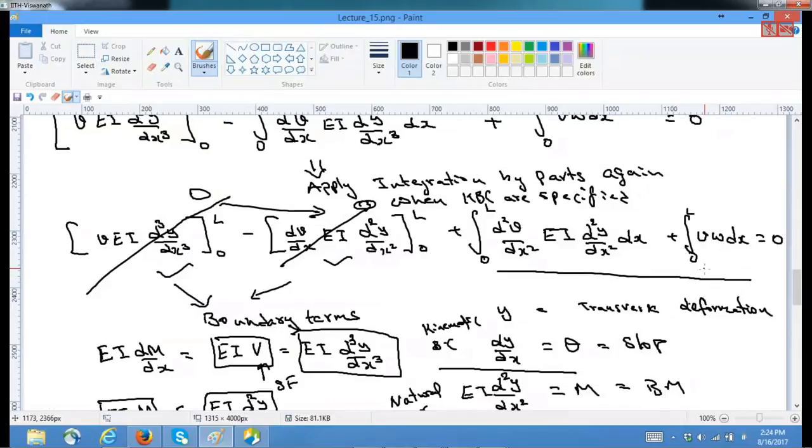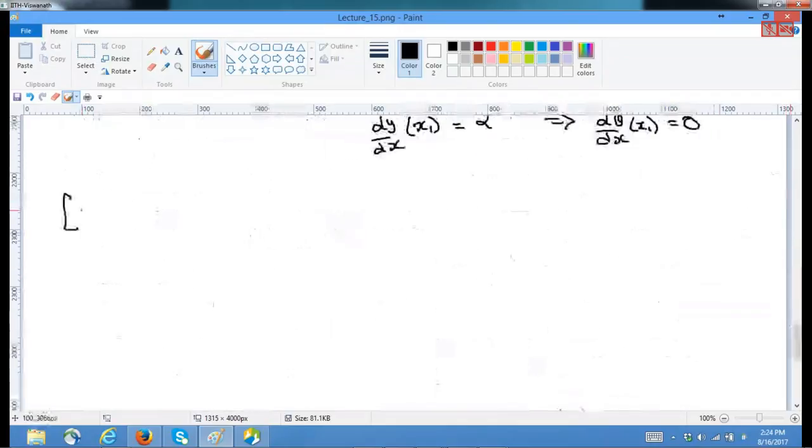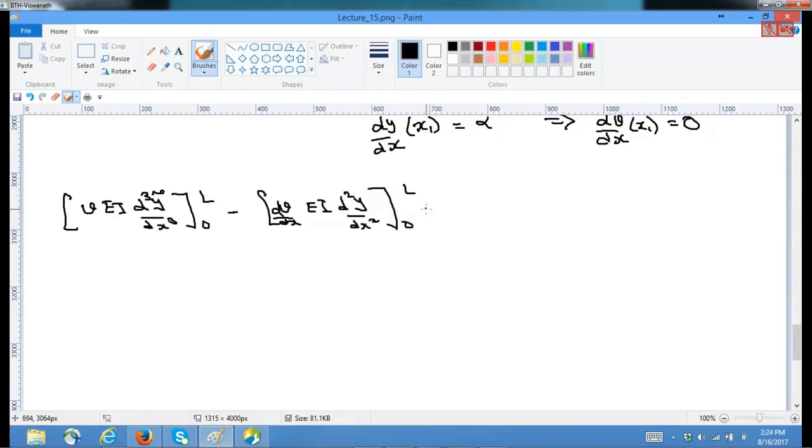So the advantage we get is, when I rewrite this statement again: V EI d cube y by dx cube from 0 to L, minus dv by dx EI d square y by dx square from 0 to L, plus integral 0 to L d square v by dx square EI d square y by dx square dx, plus vw dx is equal to 0.